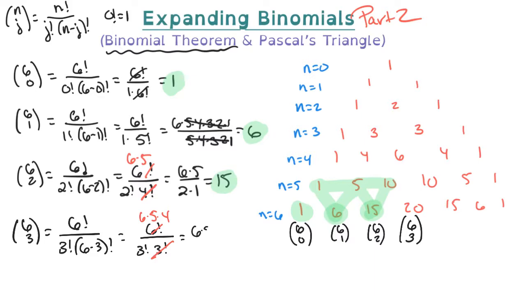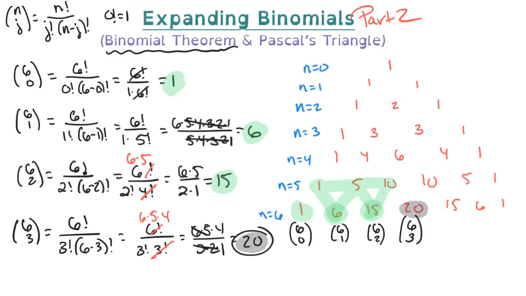And so we've got 6 times 5 times 4 over 3 times 2 times 1. So let's see, 3 times 2 is 6. That gives us 5 times 4, 20. Aha. So each of these combinations gives us the entries in Pascal's triangle.